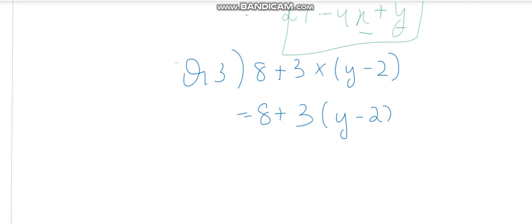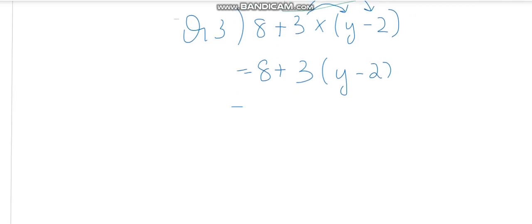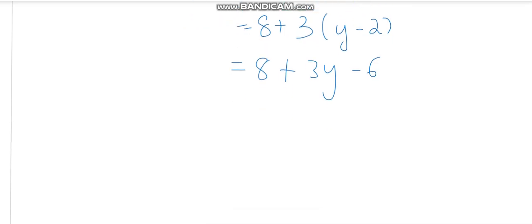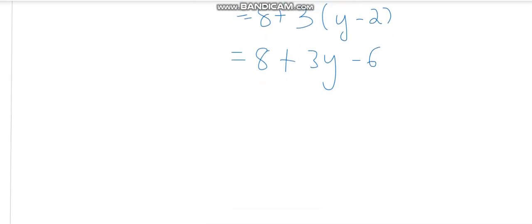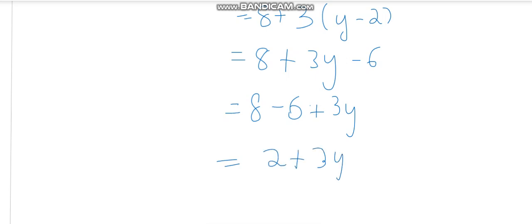We can simply multiply this 3 by the terms inside, but it's better to write it like this because it seems much simpler. So 8 plus 3y minus 3 times 2, which is 6. And now this 8 and minus 6 can be simplified, which equals 8 minus 6 plus 3y. And 8 minus 6 is 2, so 2 plus 3y.